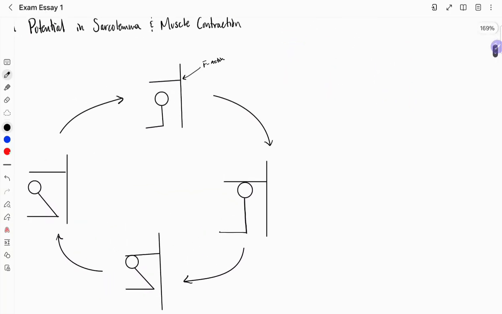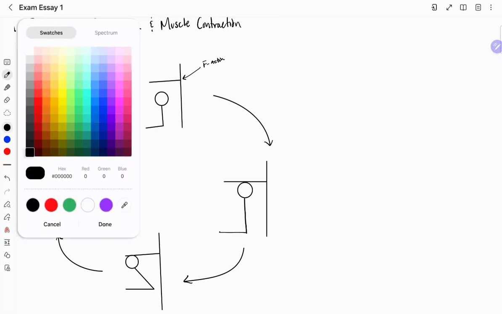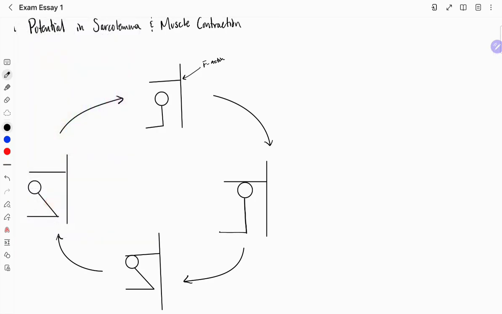So, begin here with calcium, right? So we have this calcium coming into the muscle cell. And again, we're going to look at how these high amounts of calcium occur in the muscle cell in a moment. But just for now, all you need to know is that this calcium is coming into the muscle cell, so it's going to be a part of our cycle here.